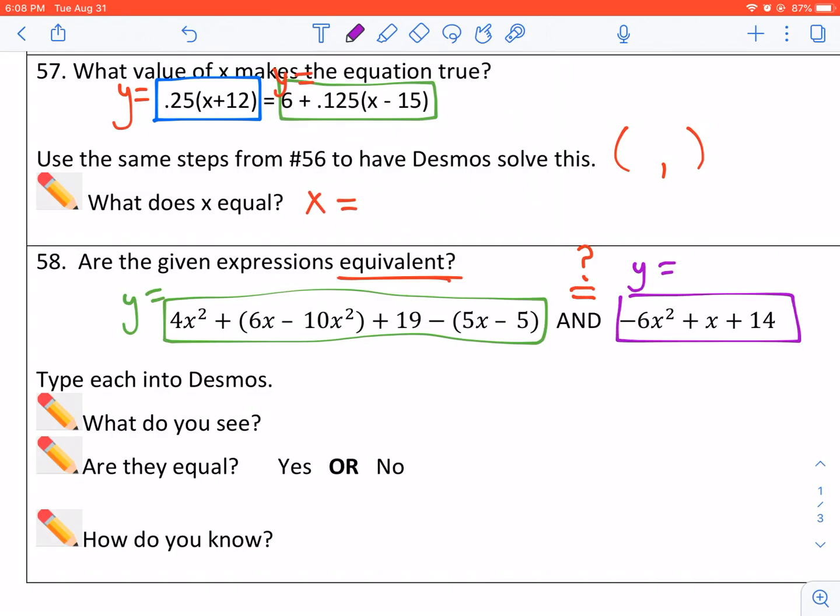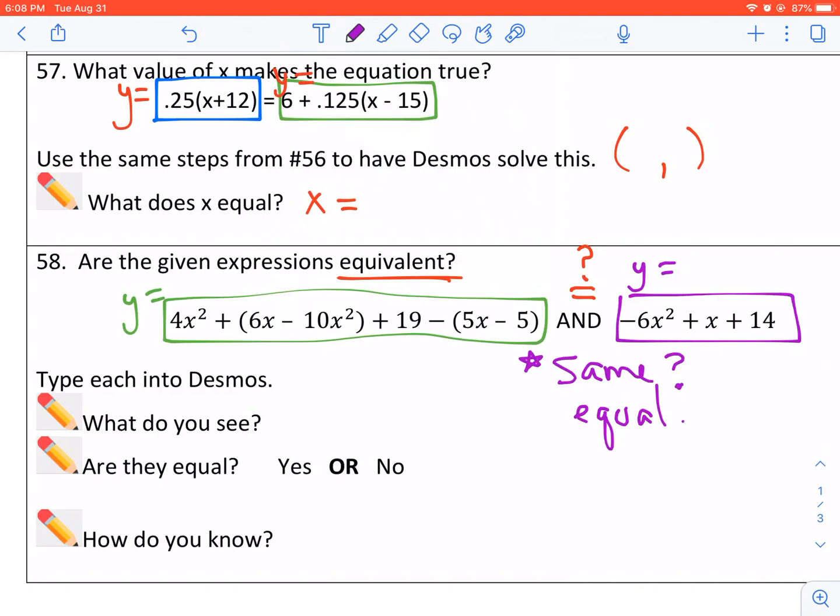And how do we know if they're going to be equivalent? We're going to look to see if they are the same. If they are the same line, then they are going to be equal. Same is equal. So you're looking for those lines in the same place.